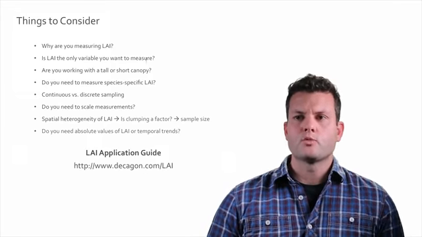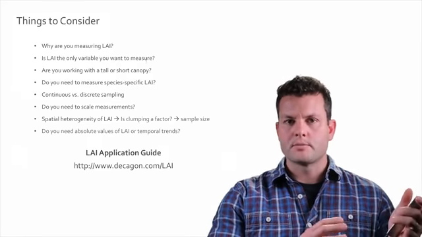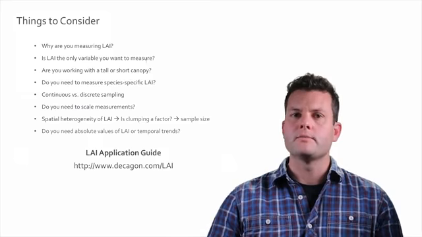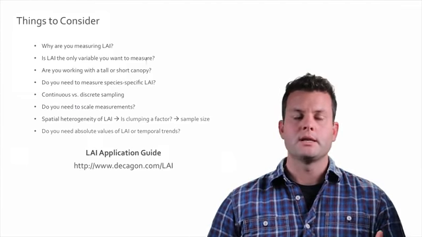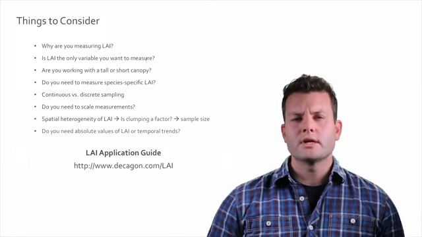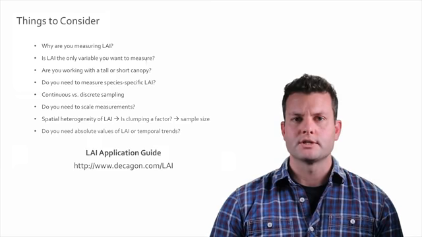So then the question becomes, why estimate LAI to estimate light absorption when you can more directly measure light absorption through measurement of transmitted and incident light? So again, just understand why LAI is the variable that you're interested in.